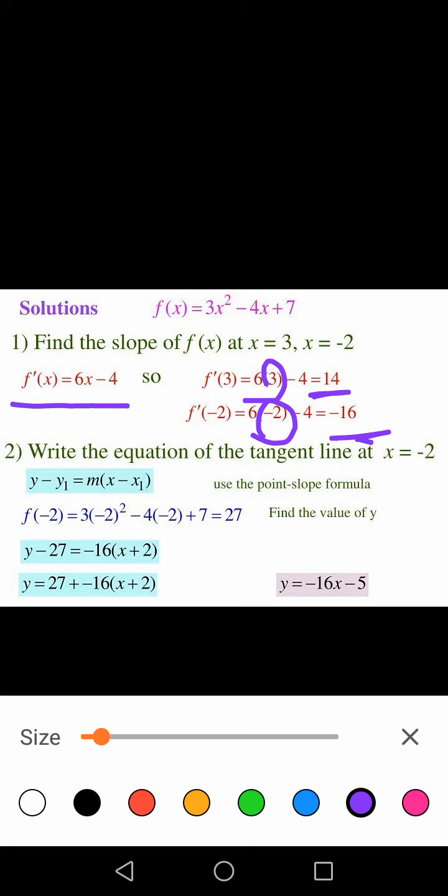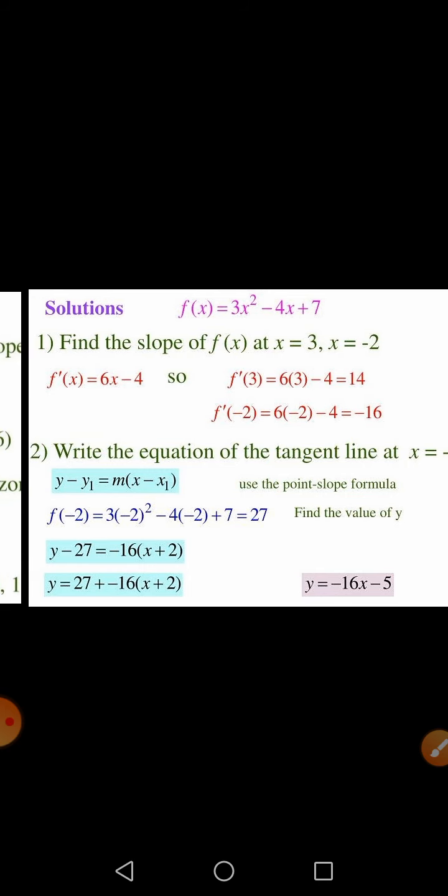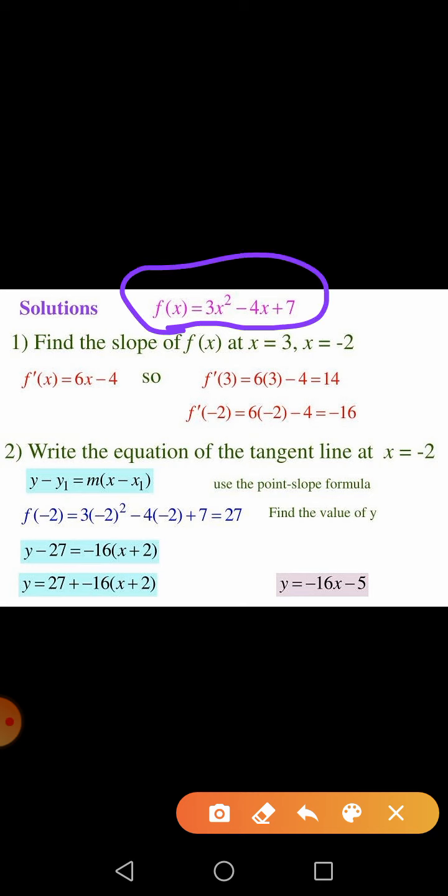Okay, what about here? Second question, write the equation of the tangent line at x equals negative 2. So, to write the tangent line, I should write the rule y minus y1 equals m, open the bracket x minus x1. First of all, I should get the value of the function at x equals negative 2. So I will substitute in the original function, with x equals negative 2, to get the answer 27.